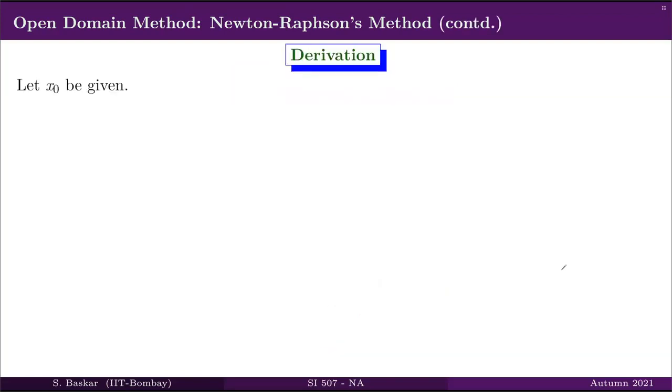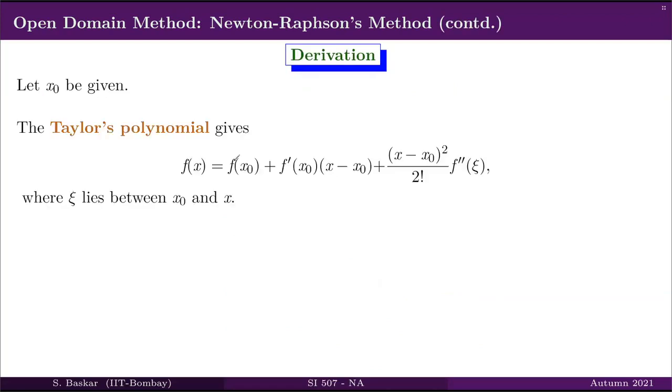Let us formally derive this formula. Assume that we are given a real number x0. Consider the Taylor polynomial of degree 1 for the function f of x. You can write f of x as the Taylor polynomial plus the remainder term, right?